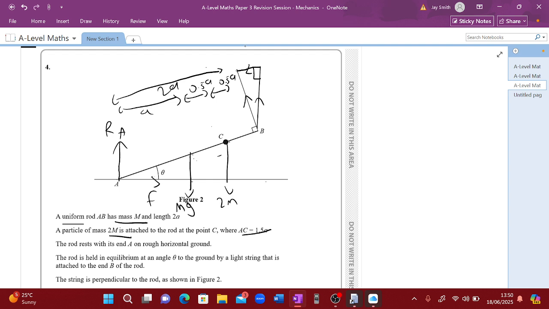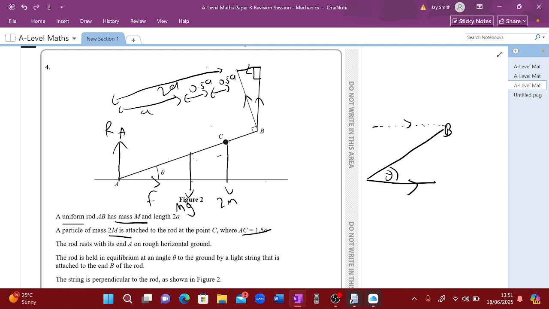Again, we've got to consider Z angles. So we have this plane here, and we have the angle theta here. Now, actually, because we need this to be parallel here, let's add another line that is also parallel.